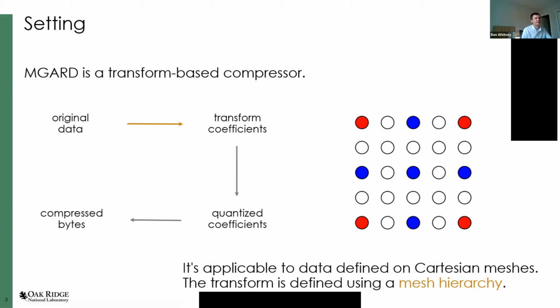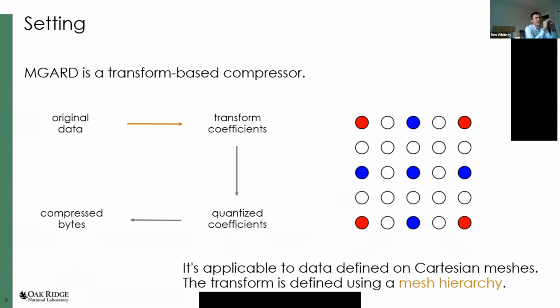MGARD supports any dimension, and the nodes can be evenly spaced, or they can be variable, because in some applications, for example at a boundary, we'll use a finer resolution. So here all the red, white, and blue circles together compose the original grid that the data is given on.